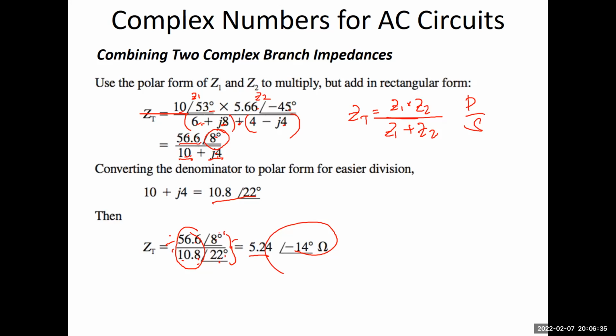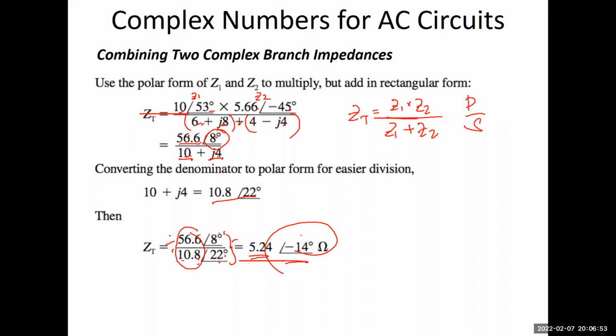Okay? So the total impedance now would be equal to magnitude of 5.24. Okay? Magnitude of 5.24 with a phase angle of negative 14 degrees.